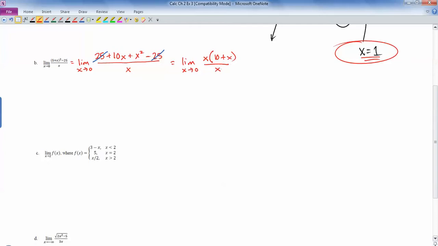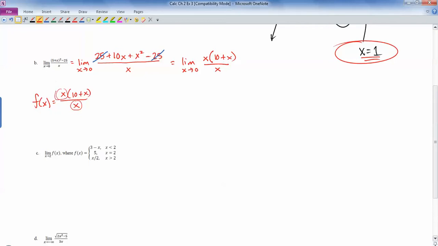So if you think about this one, let's say f of x is that function, right? x, 10 plus x over x. Now, if you think about what this function looks like, those x's don't actually cancel, right? But the graph, if they did cancel, you can say that this function is basically the same thing as 10 plus x.